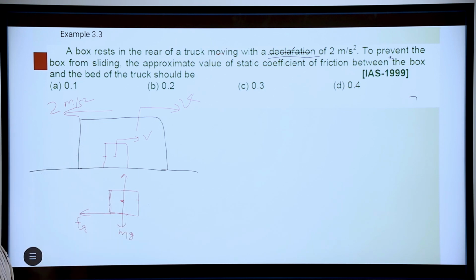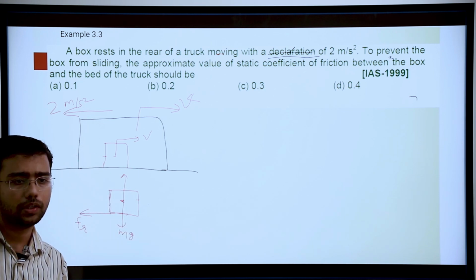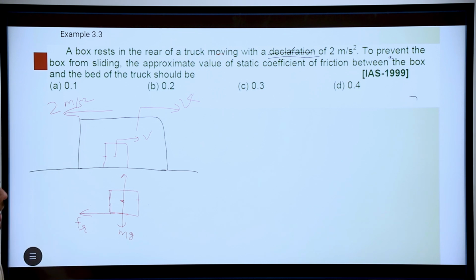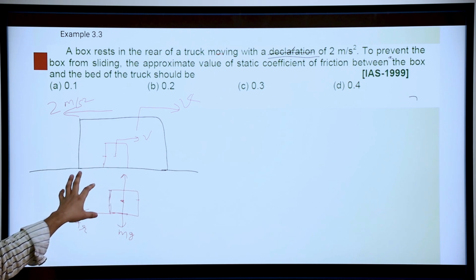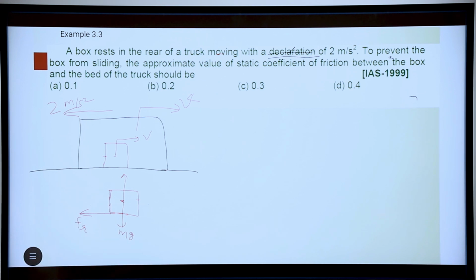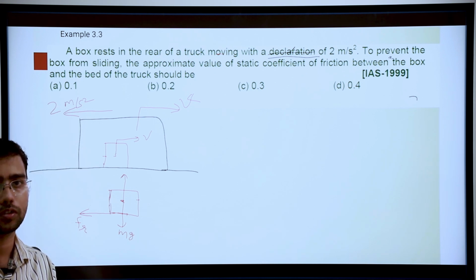And whenever objects are moving, we cannot analyze it directly. What we try to do now is assume everything is static. Nothing is moving right now. We just assume that everything is static, and when you assume that, that time you are going to apply virtual force.